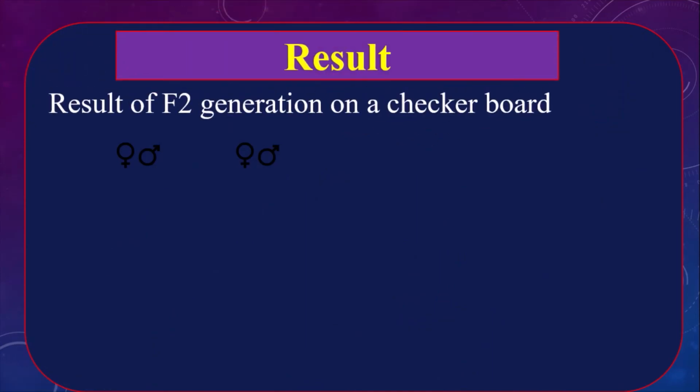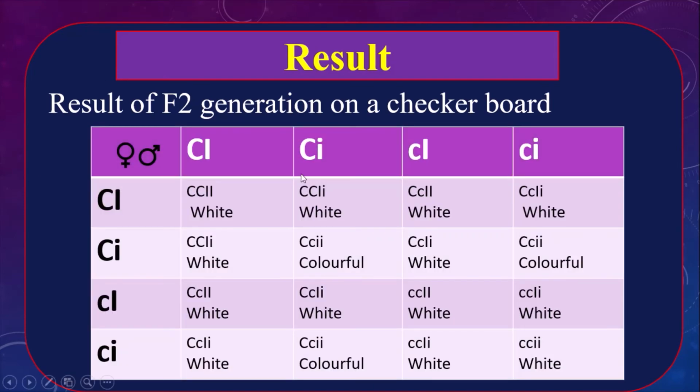Result of F2 generation on a checkerboard. Here capital C capital I, capital C small i, small c capital I, small c small i came from the F1 cock, and the same gametes came from the F1 hen.